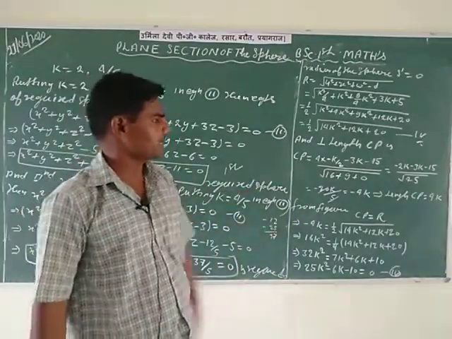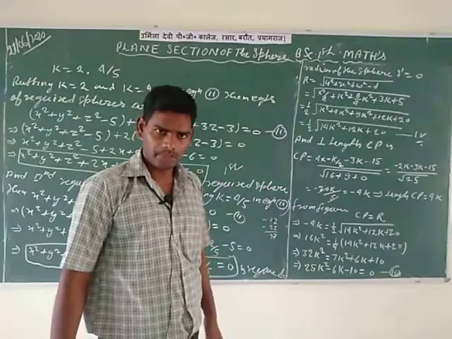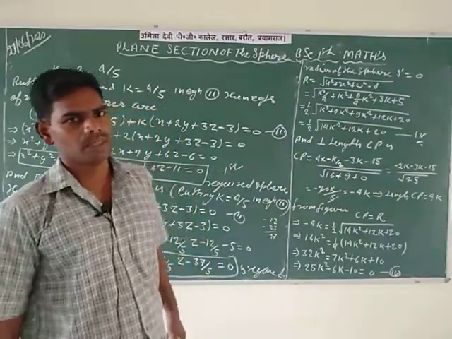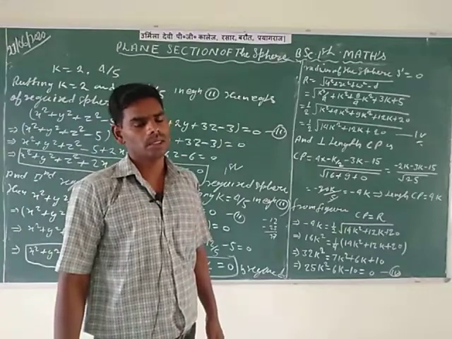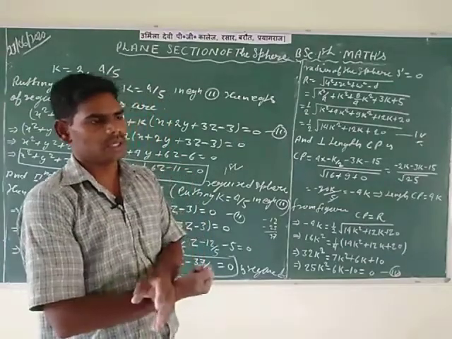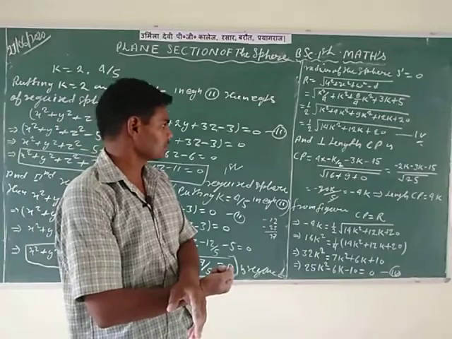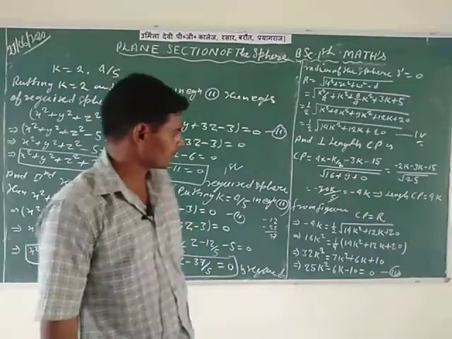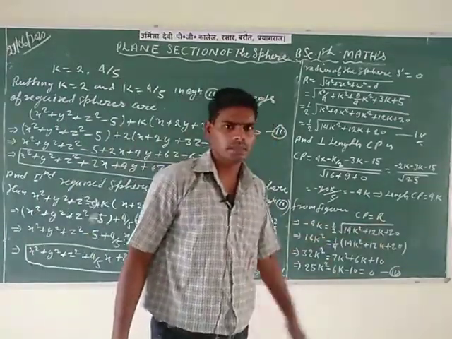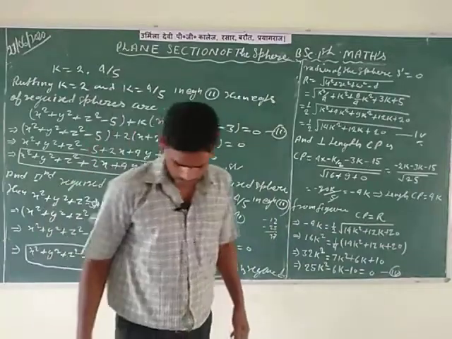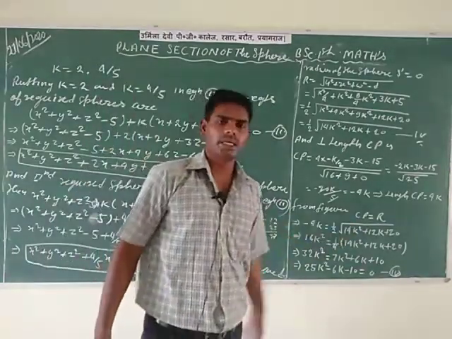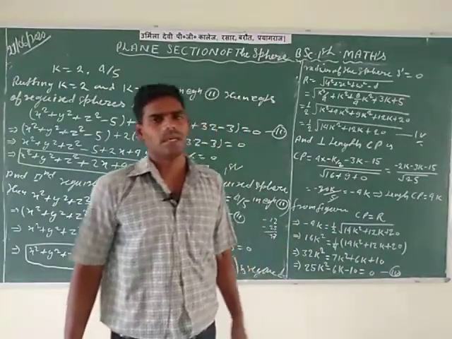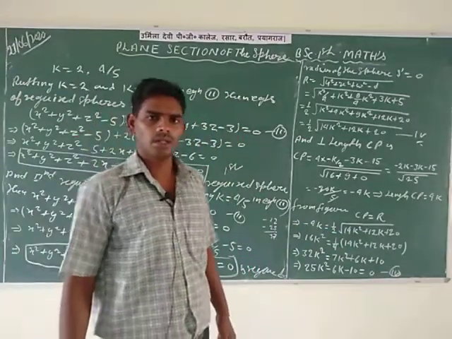If any sphere touches any plane, then the perpendicular length from the center to the given plane must be equal to the radius of the sphere. So applying this condition we find an equation: Cp is equal to r. Here Cp is the perpendicular length from the center to the touching plane, and capital R is the radius of the required sphere, which is represented by s dash from equation third.